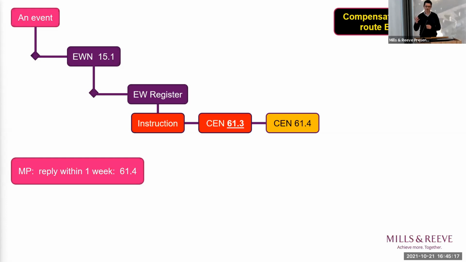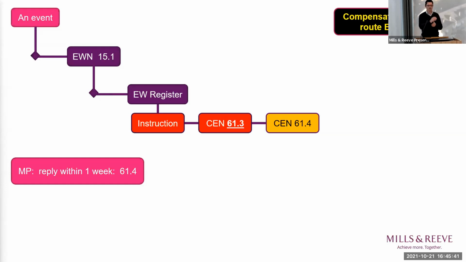In essence, within that 1 week, it has to determine whether the event set out within the notice is in fact a compensation event. And there are 4 other tests for the PM to take into account, including whether the event has in fact had an impact on the defined cost. All of that within a fairly short 1 week window.